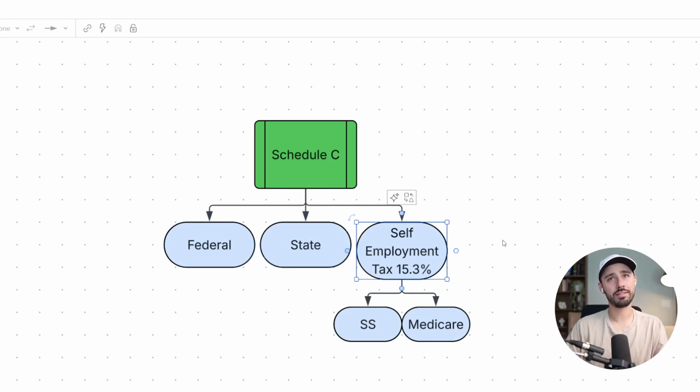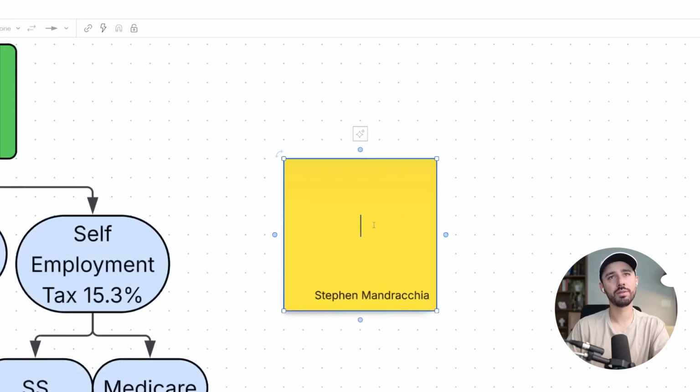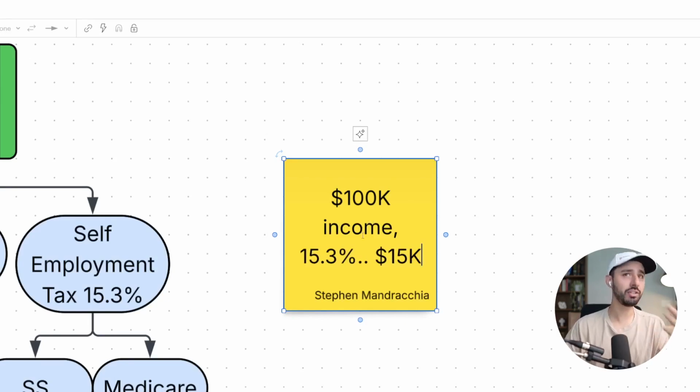So if I do 100K of income and I have to pay 15.3%, that means I have to pay $15,000 in addition to federal and state.